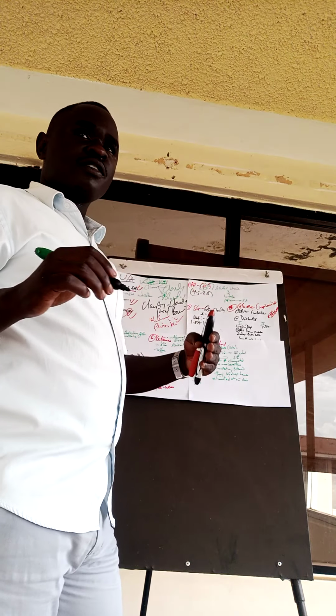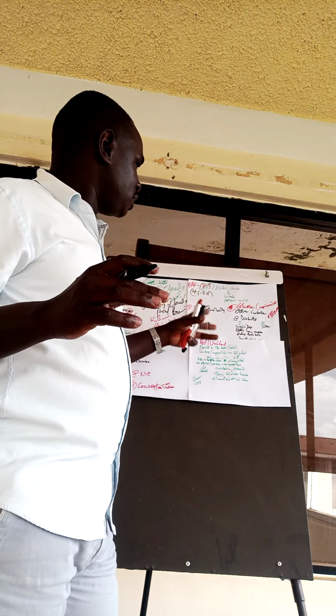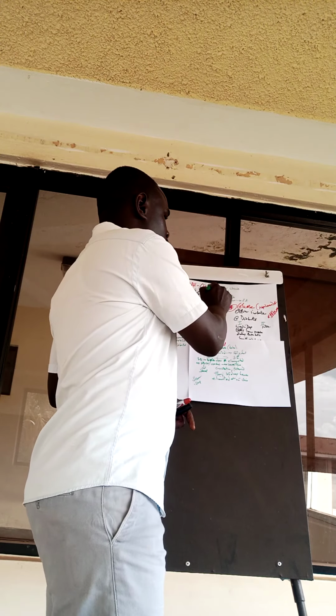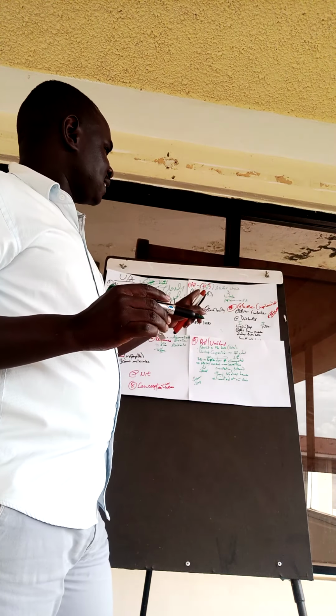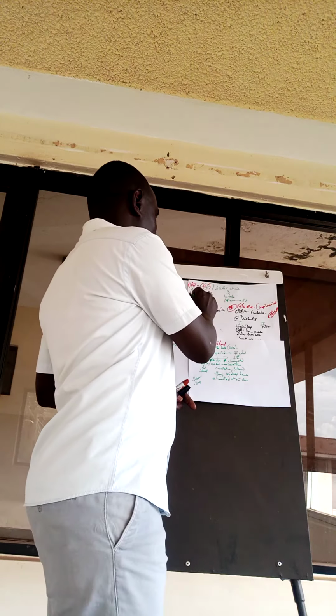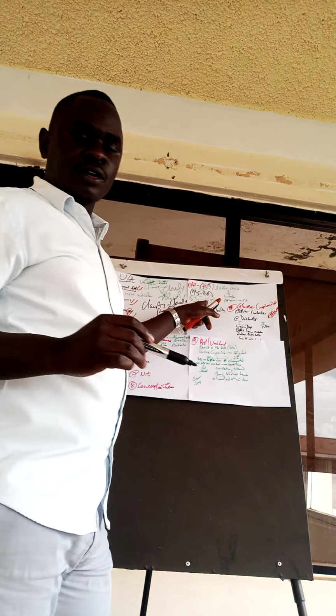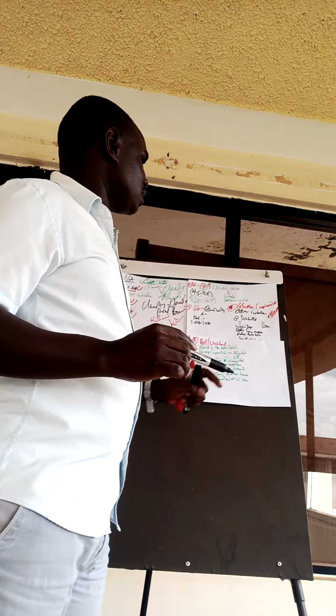The pH of urine should be between 4.5 and 8.0, such that when you have something like 5.5 to 6.0, we categorize this as slightly acidic.